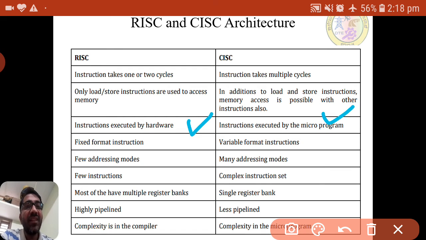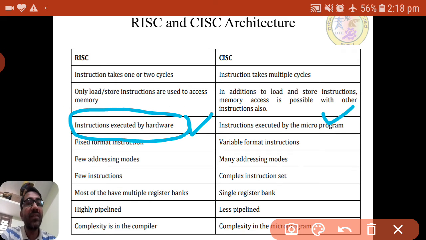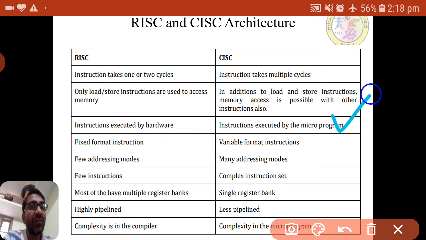It means the design consists of more hardware in RISC, such as the ALU or whatever it is, and the design consists of more software in CISC. Then fixed format instructions versus variable format instructions.